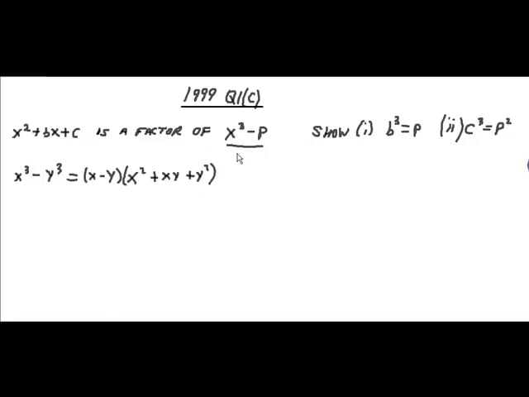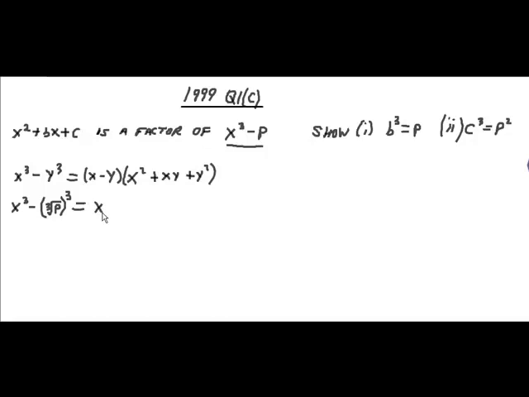And if we apply that formula to what we have here, which is x cubed minus p, we can rewrite x cubed minus p as x cubed minus the cubed root of p, cubed. Now that might seem awkward, but we're just writing it like this to make it look like the formula, because that will lead to a shortcut.